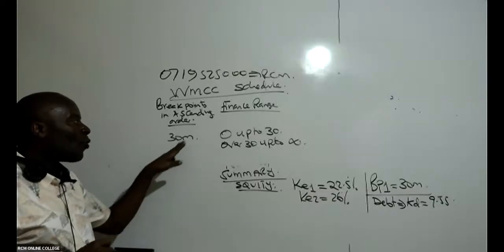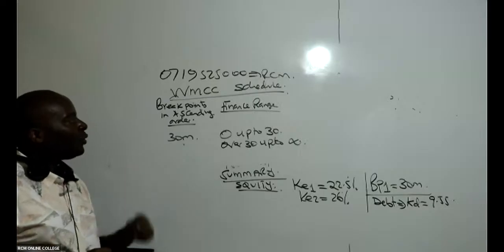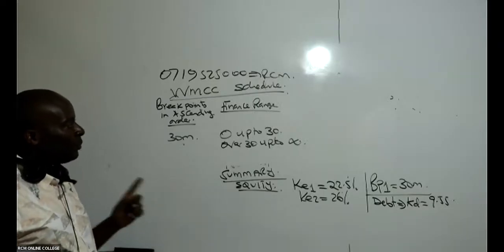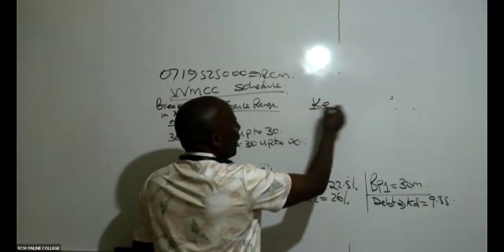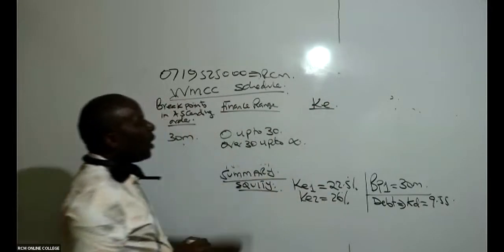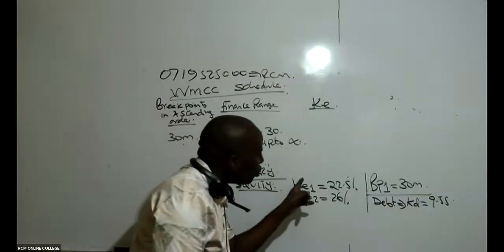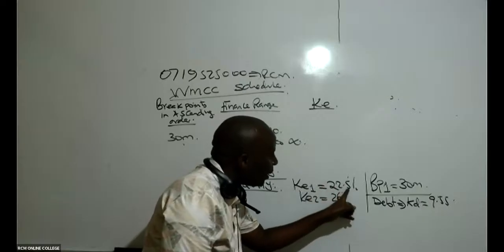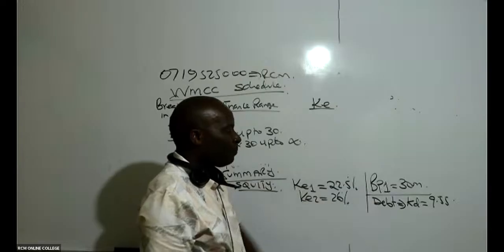You'll allow me to move quite fast in this, and then I'll come and take care of the ninjas who will not be able to see what I'm doing. So then I'll write here cost of equity. Remember, the first cost of equity, which is 22.5%, runs up to the first breakpoint.